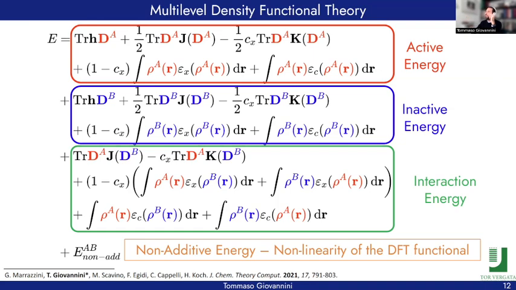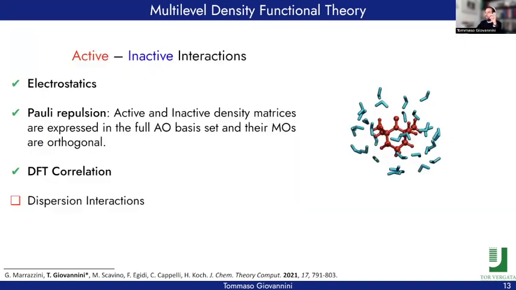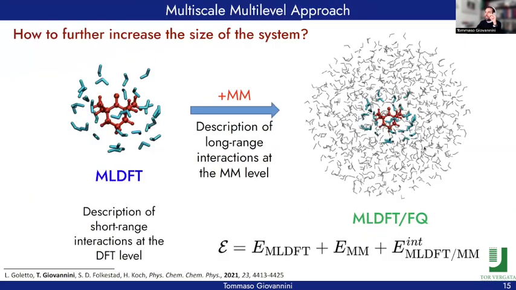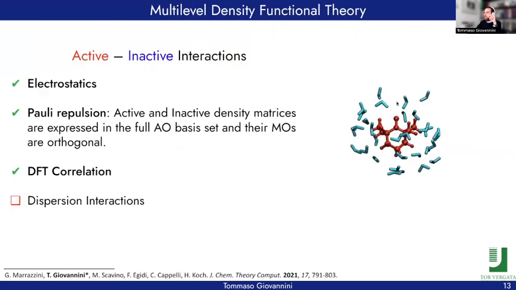So imagine, for instance, that you have a solution, a system like this, where you define in red your active part, that is your solute, and in blue your inactive part.